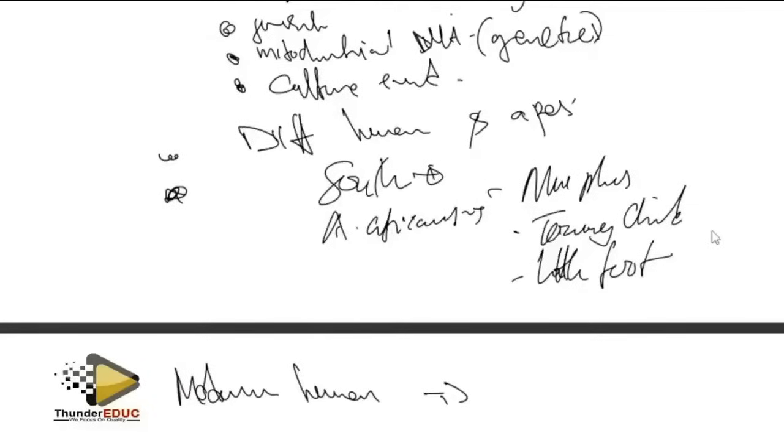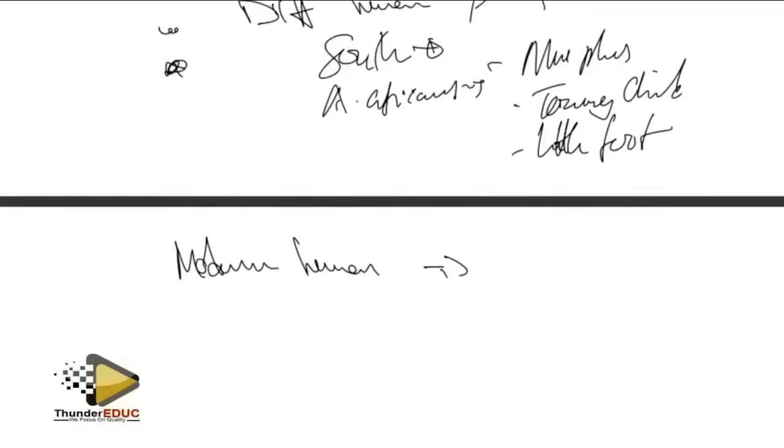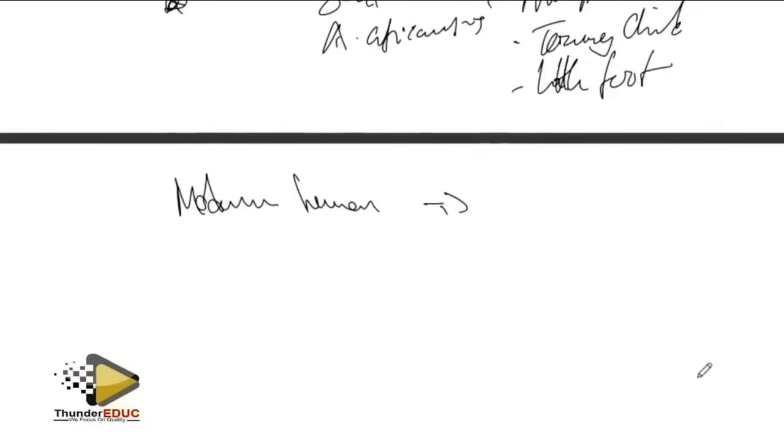That is fossil evidence, mitochondrial DNA, and cultural evidence. Now, remember I said that this can come in this 6 mark. So how do I use cultural evidence, mitochondrial DNA, and fossil evidence to do this?